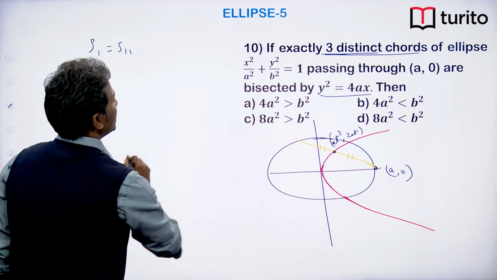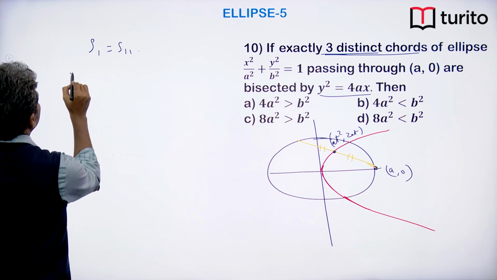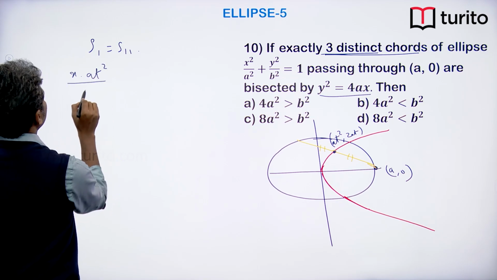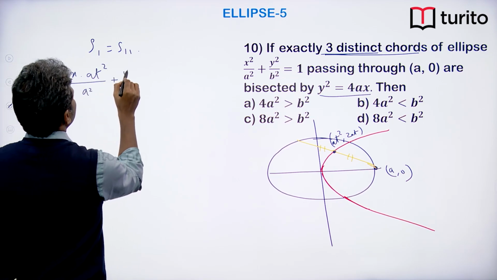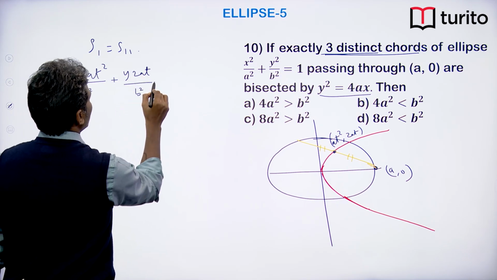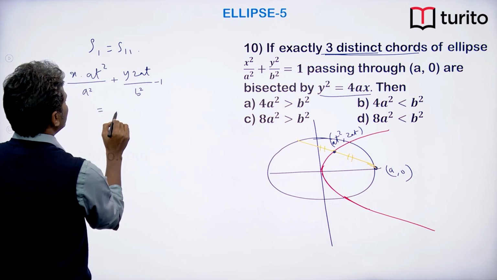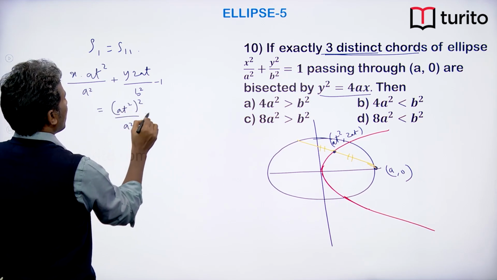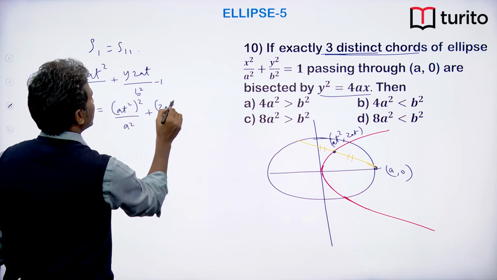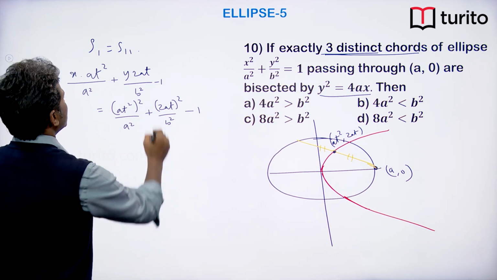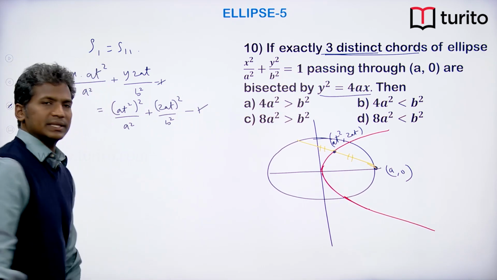So, what will it be? x into at square divided by a square plus y into 2at by b square minus 1 is equal to (at square) whole square by a square plus (2at) whole square by b square minus 1. Now, this 1 may get cancelled.